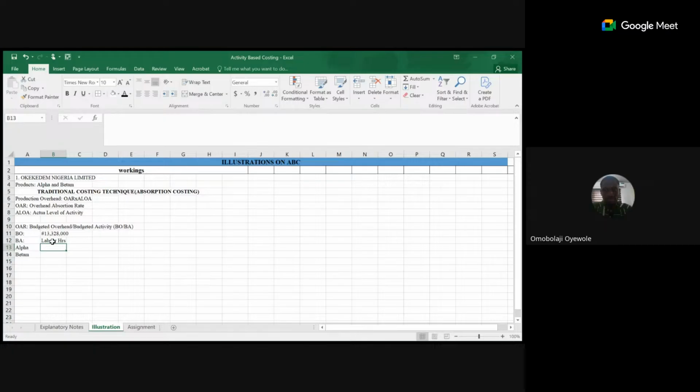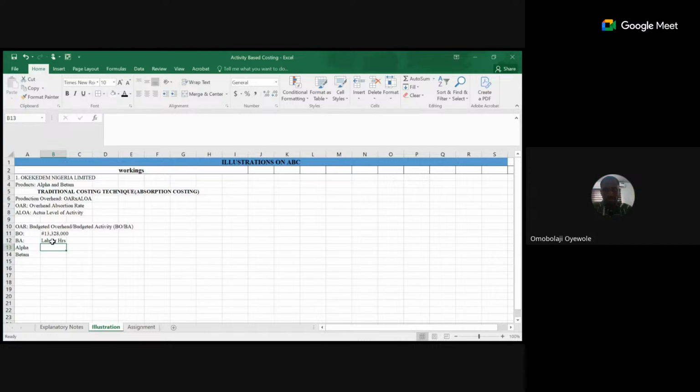They said direct labor time per unit in hours, so that is labor hours per unit, the number of hours we are going to spend on one unit. But what we are looking for is the labor cost per hour.